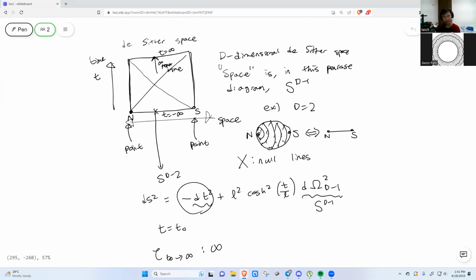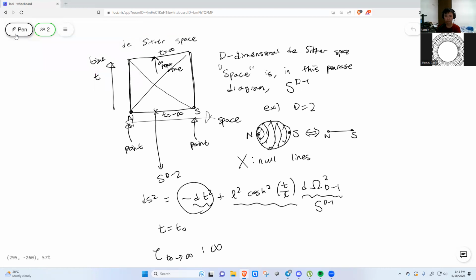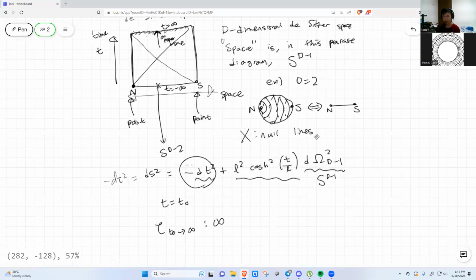Also, if you go to t equals plus or minus infinity, you see that due to the scale factor, space is expanded. So ds squared is minus d tau squared, right? And for the cosh term, let's assume that the coordinates on S^(d-1) remain constant while we're moving.